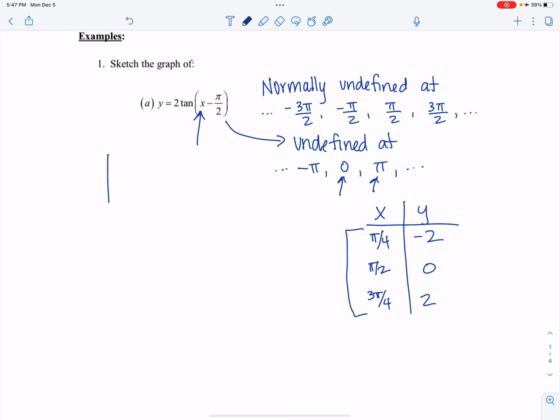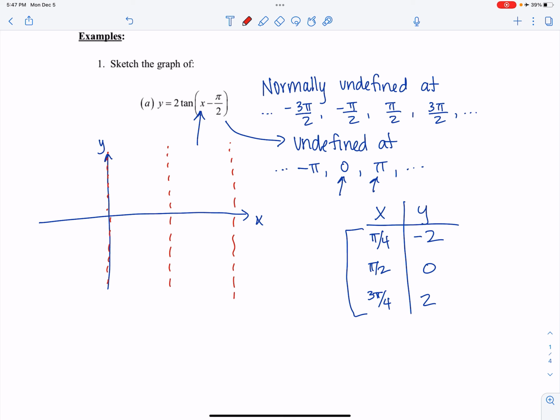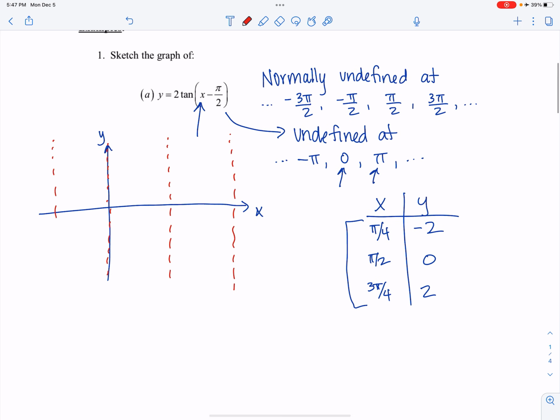So what does this look like? Well, it's going to be undefined at 0, at pi, at 2 pi, and negative pi, and so on.